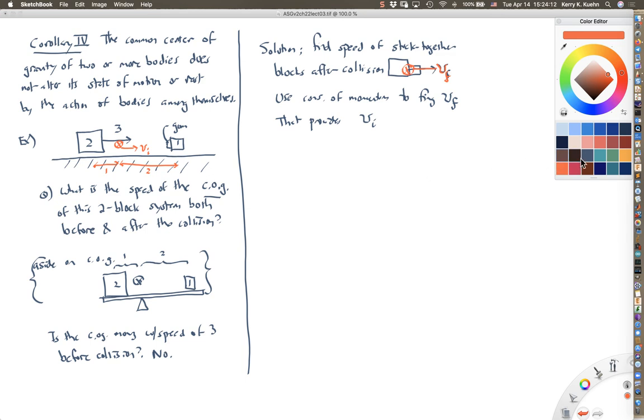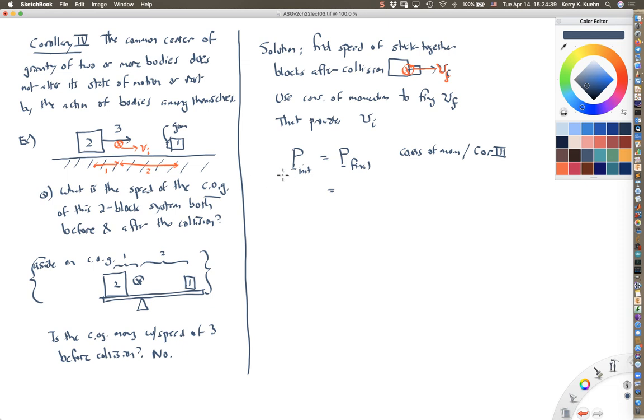Okay, so how do we use conservation of momentum? Well, conservation of momentum says that the momentum initially of this system of blocks has to be equal to the total momentum final of the system of blocks. This is conservation of momentum, or corollary 3, right?